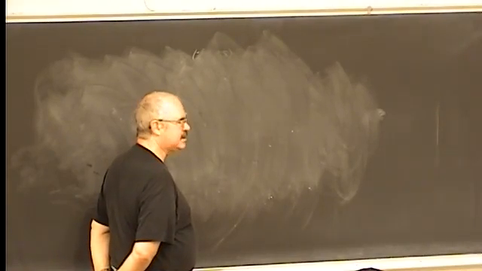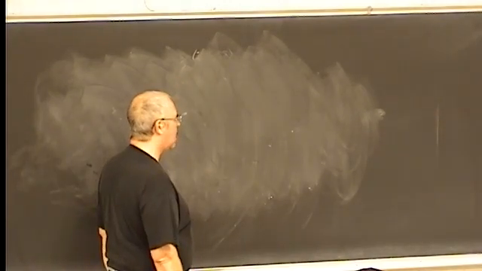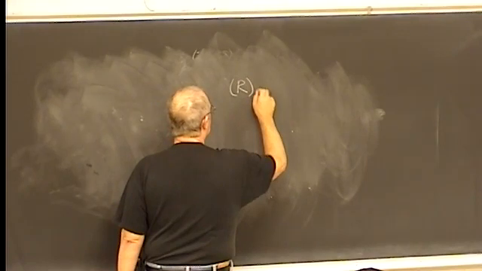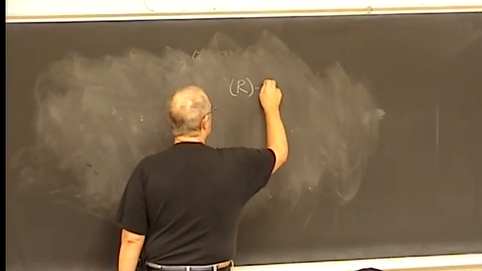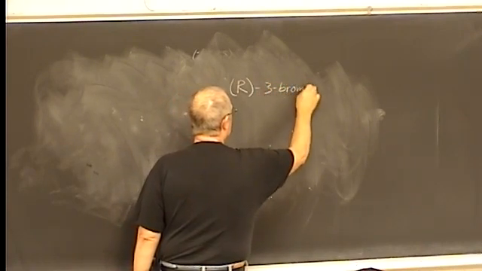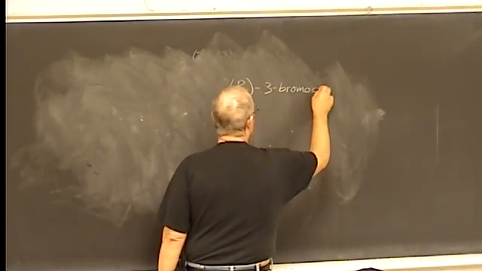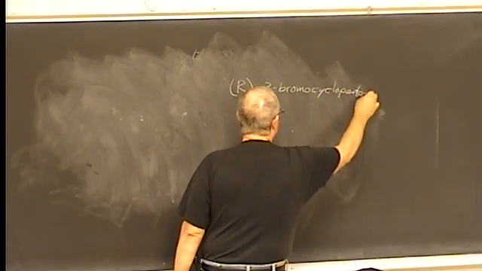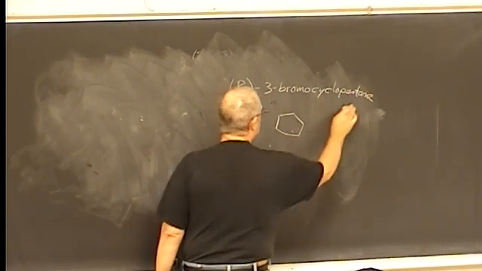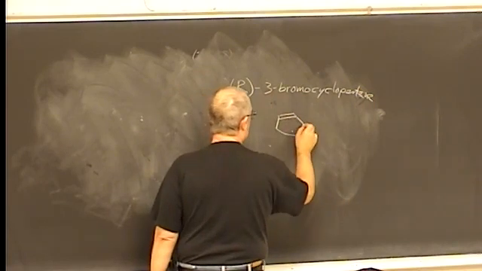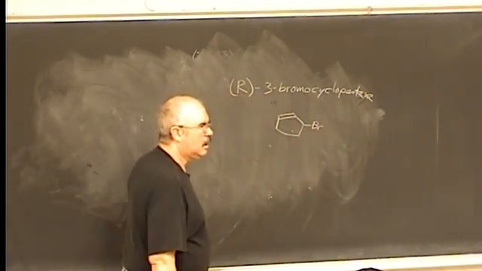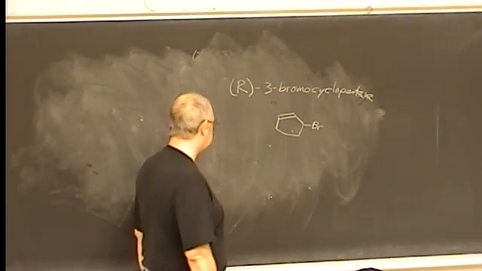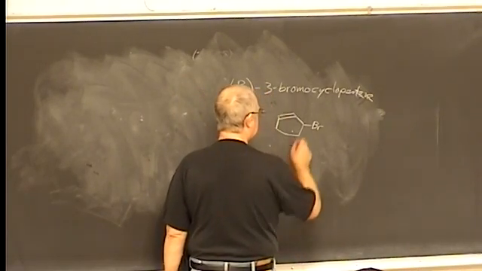And in the name, if R or S is designated, I have to be able to tell if it is R or S. For example, if I said, I want you to draw R-3-bromocyclopentene, that would not get full credit because I can't tell if that's R or S. So you would have to indicate that it's R.